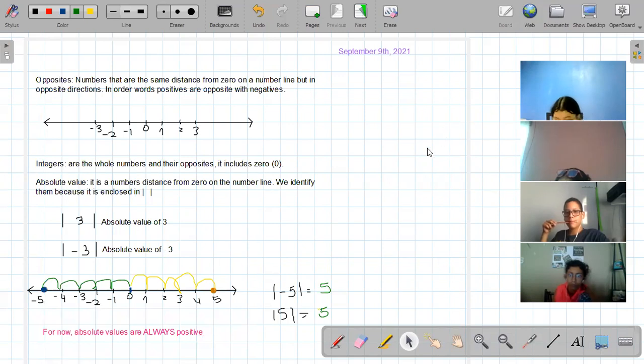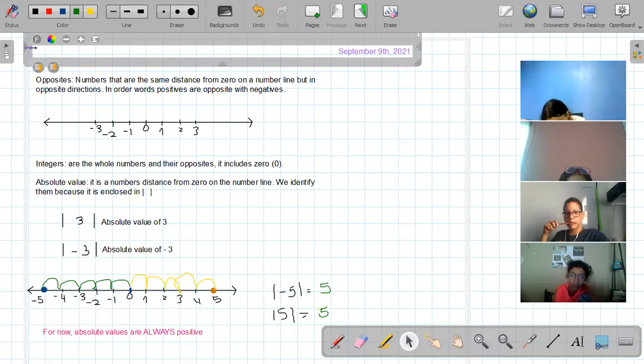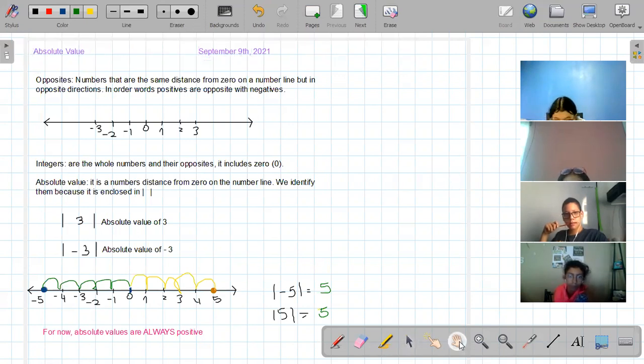Okay, so before we do some exercises, because we still have time, what's the topic's name? Absolute value. And that's what you're going to place at the very top in your notebook, okay?